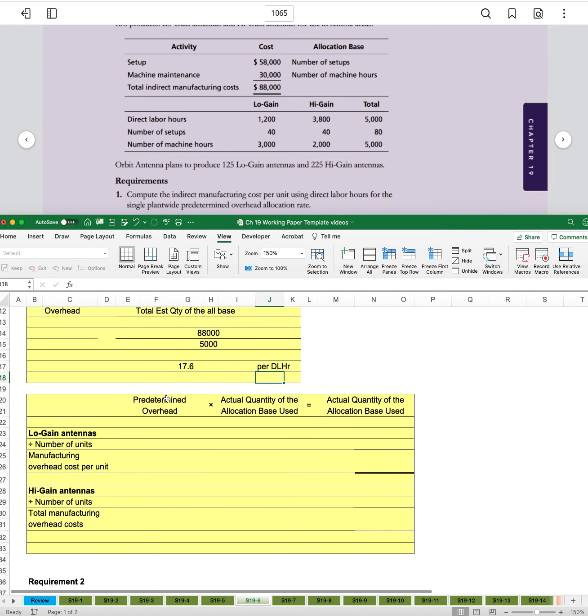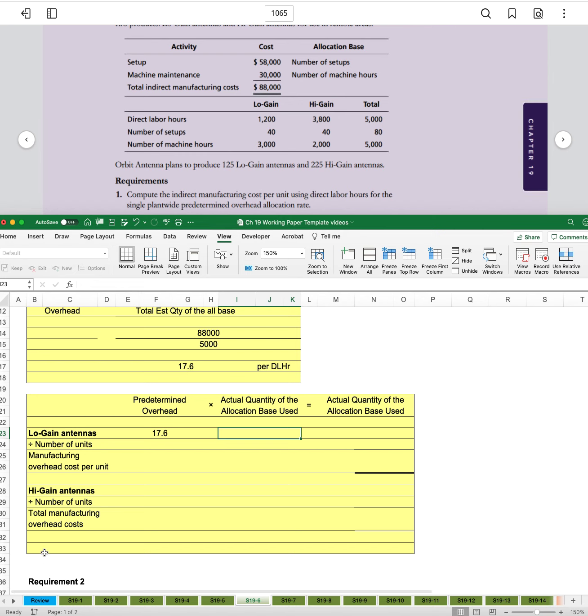So now we can pull that predetermined overhead allocation rate down, 17.60, times the actual quantity of the allocation base used.